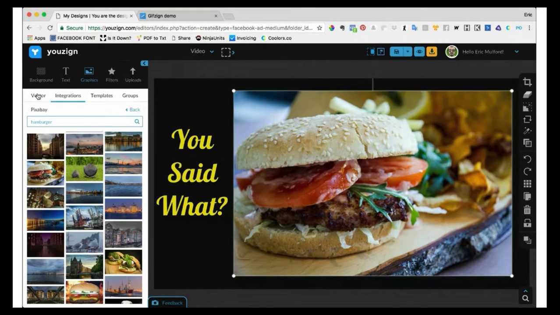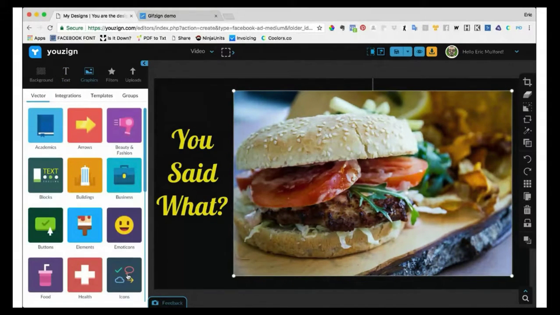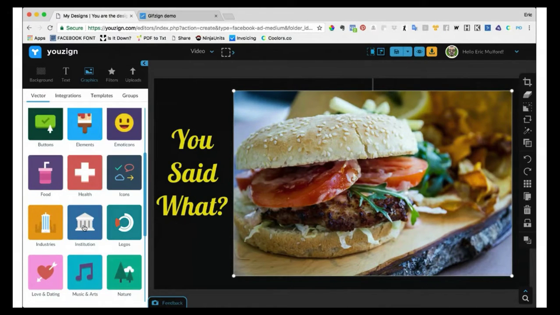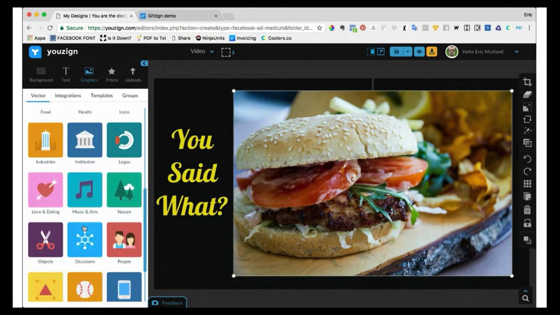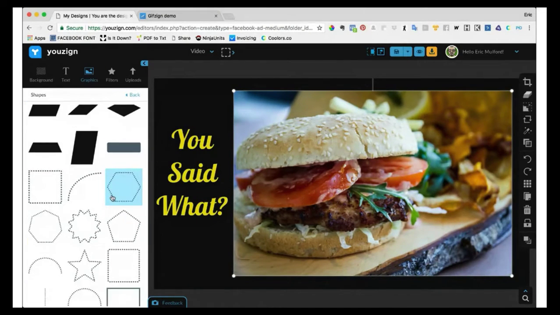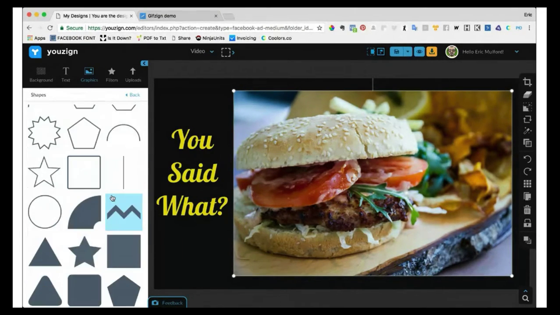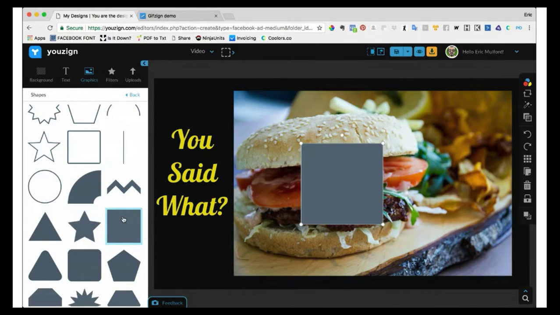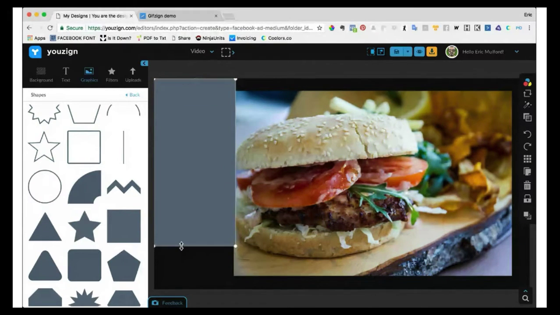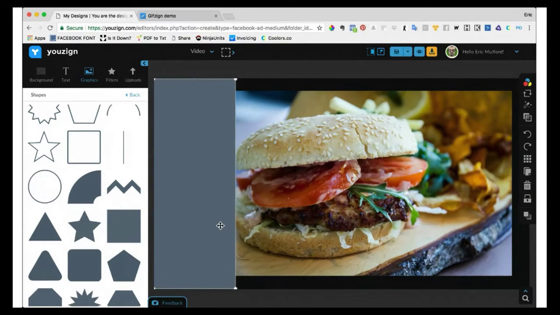What I'm going to do is go over here. Yeah, you're able to see that. Okay, good. I'm going to grab a thing and create a frame. This is what you do to create a frame around the outside of this and leave this spot transparent.